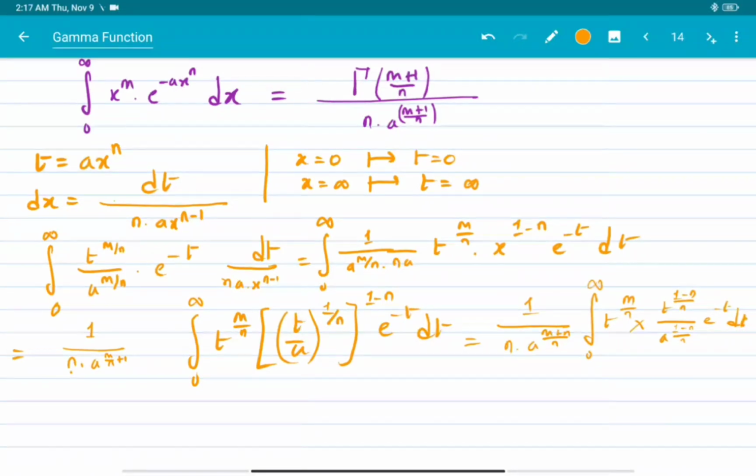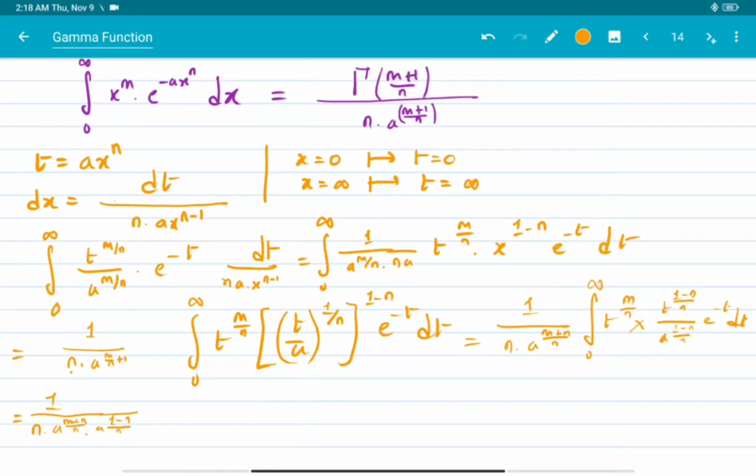If we do more steps here, this is m plus n over n times a to the power 1 minus n over n.